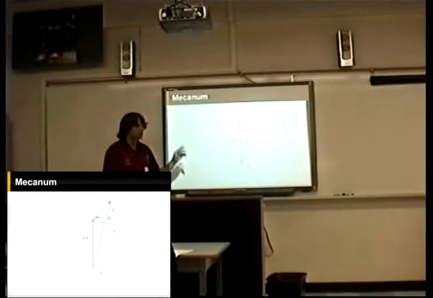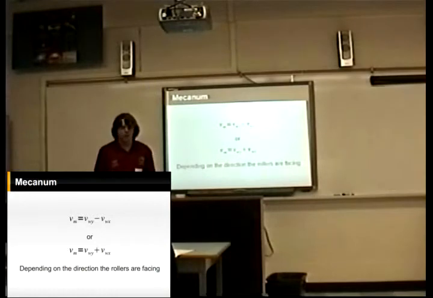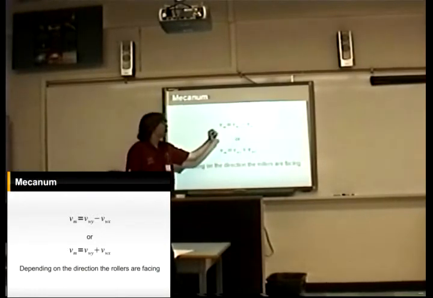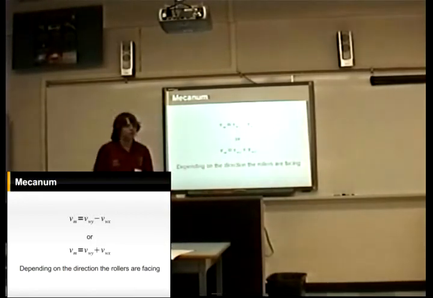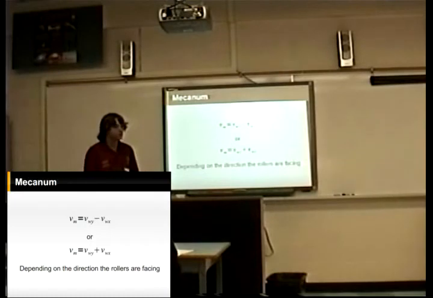So anywhere we see an x, we make it negative x. And so the overall result would be y plus x. So the motor value for a Mecanum wheel is either your velocity y coordinate minus your velocity x coordinate, or you add the two coordinates together, depending on which way you want the roller to face.